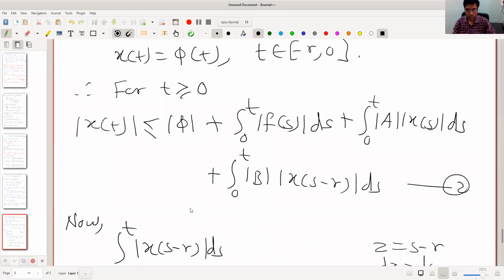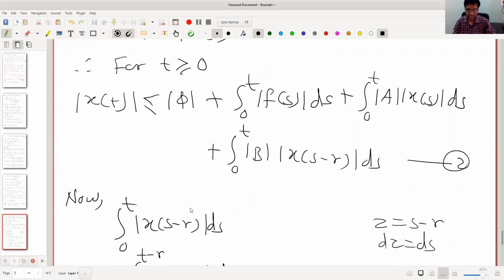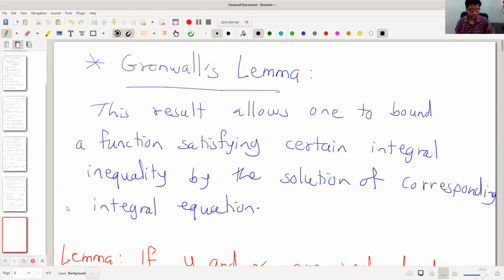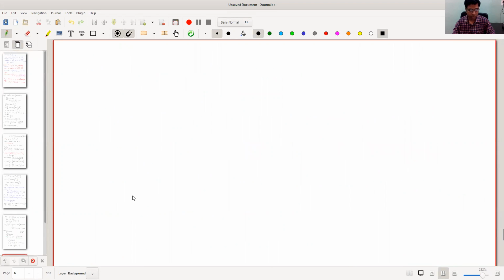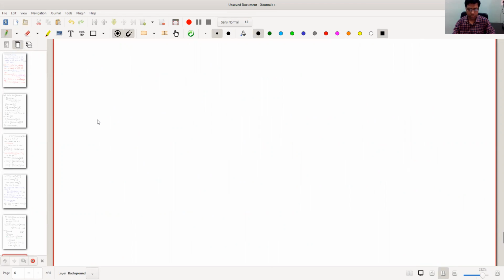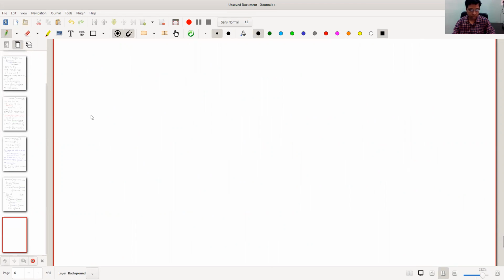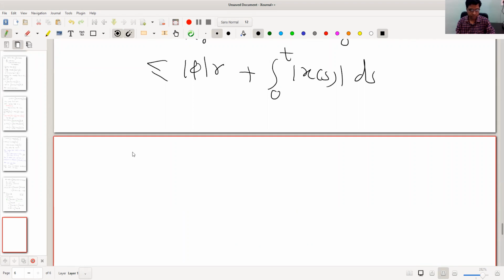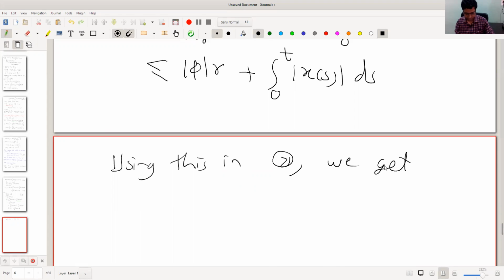So using this into 2, we get the left hand side of 2 is the modulus of x of t.